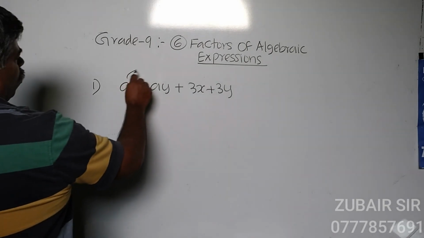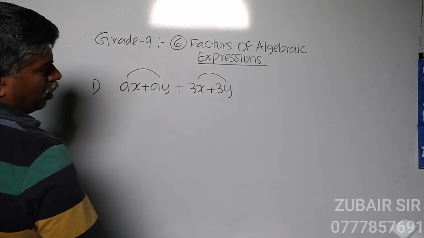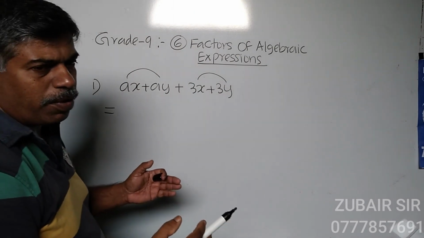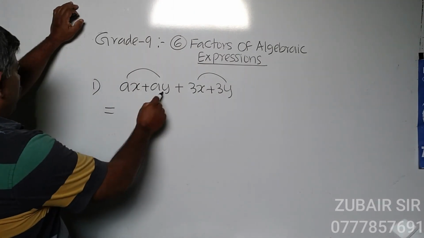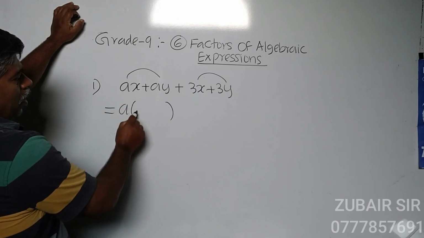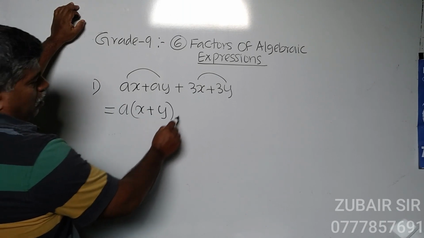When you take these 2, you can separate something. See ax plus ay. Then in ax plus ay, if you separate the a, what are the remainders? Here x remains.